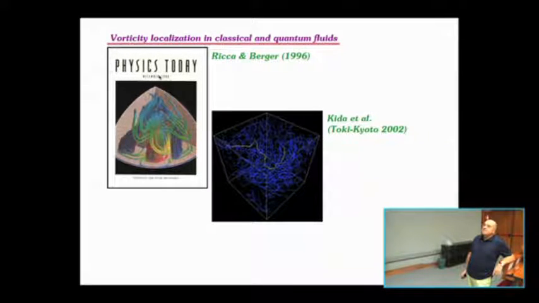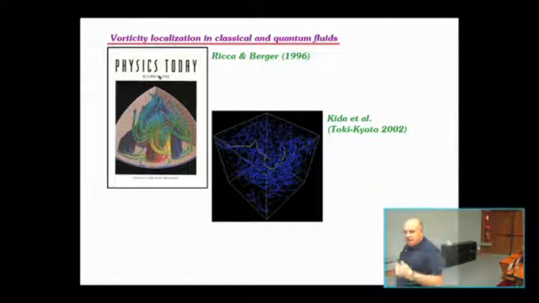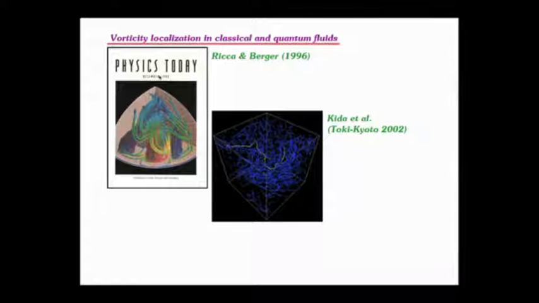Even easier, in a sense, would be to consider the skeleton of the vorticities, but this is hard to determine in a precise way in classical fluid mechanics.